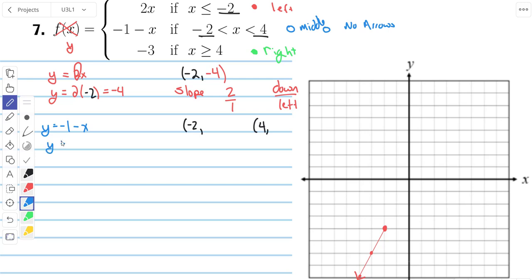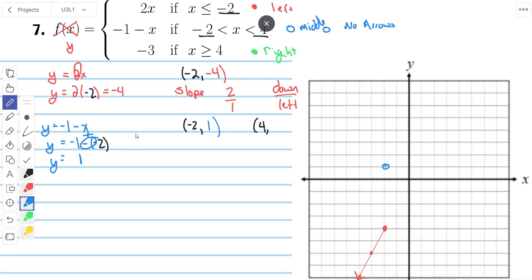So y equals -1 minus a -2, which gives me a negative, this will become a +1 or +2. So when I add those, I get a +1. So at -2, +1 is an open circle.